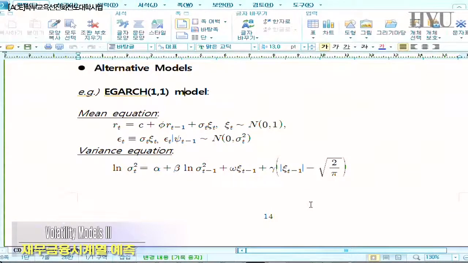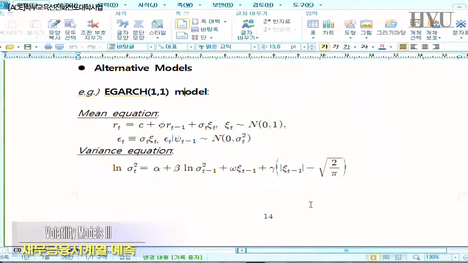See, the natural log of something could take on any value, even negative, right? It's okay. But once you exponentiate it and recover this one, it's all positive, right? So you don't have to put any restriction on this one. Okay? Of course, there is an autoregressive component, so we expect that beta is less than 1, right? Less than 1, but that's typically satisfied.